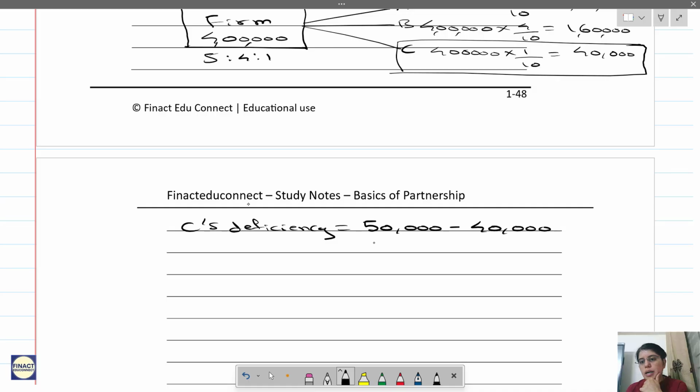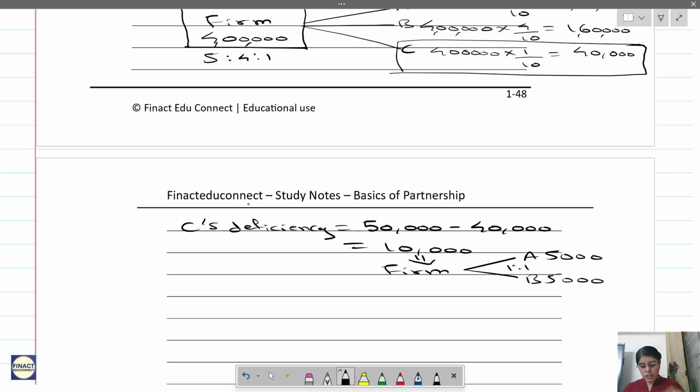So how much is the deficiency? 10,000. This deficiency of 10,000 is borne by the firm. Firm means remaining partners. Who are the remaining partners? A and B. So A and B will bear this deficiency in the ratio of 1:1. How do I know? It is given in the question. If this ratio was not given, then I would have assumed that they are sharing it in the profit sharing ratio.